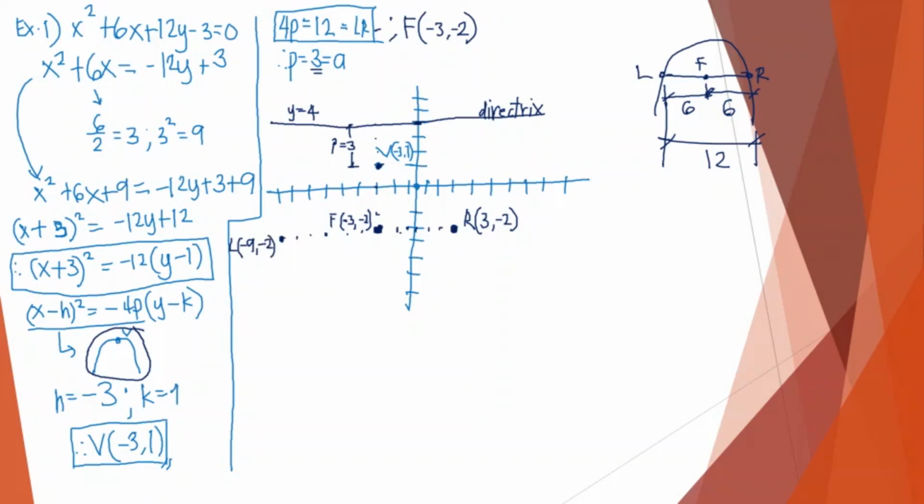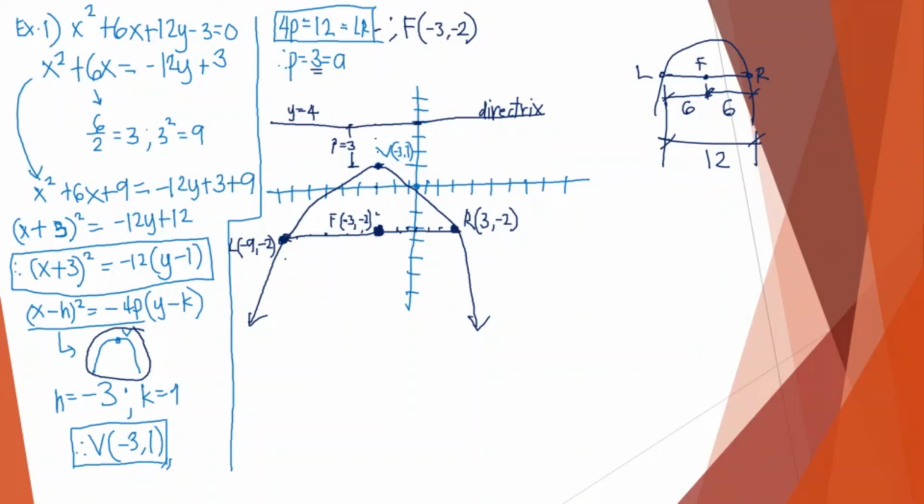Okay, so the graph will now look like this. Say that is our parabola, then the latus rectum is this portion.